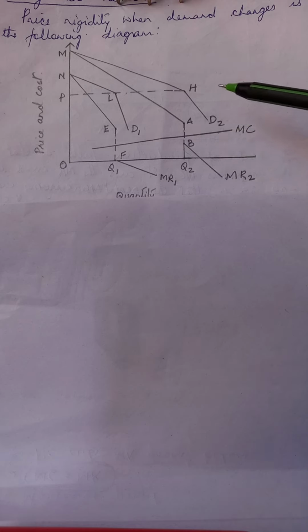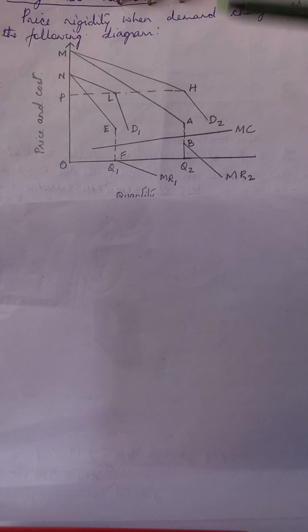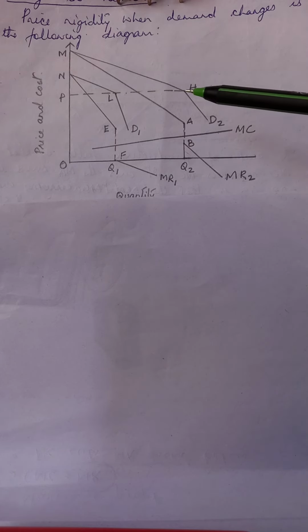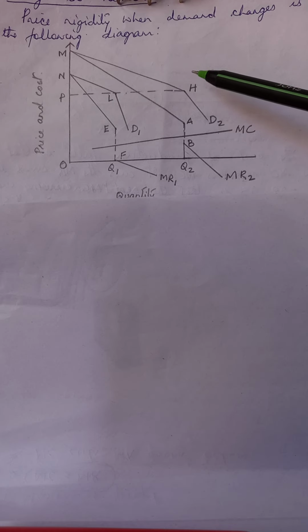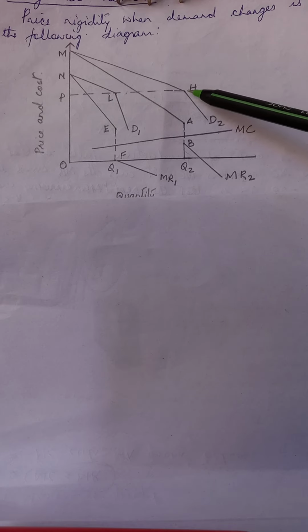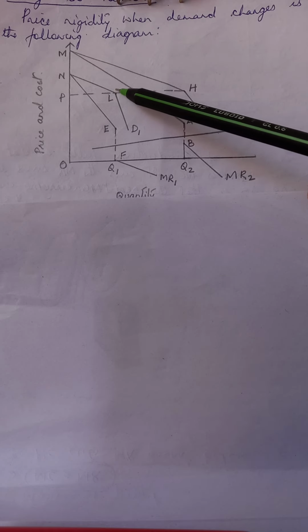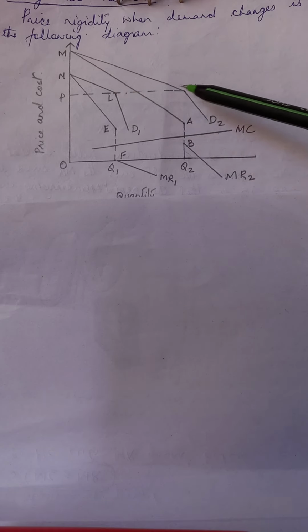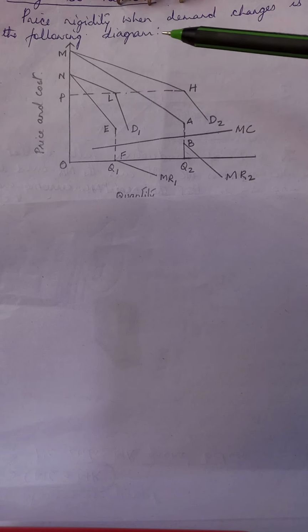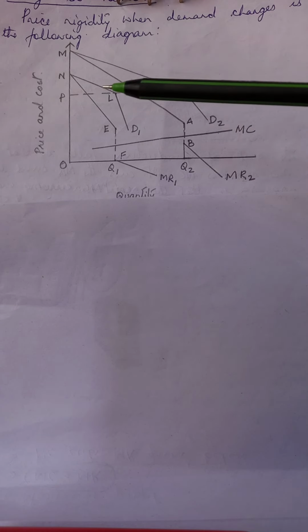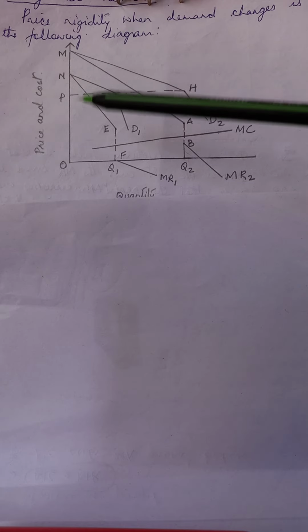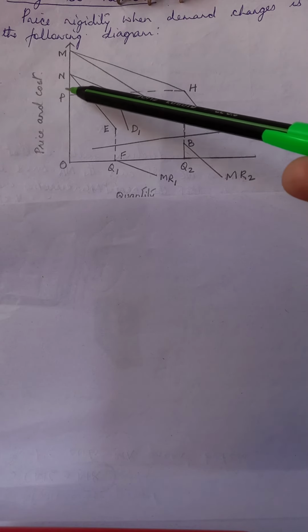So if you look at the position of the two kinks, the kink H in the old demand curve and the new kink L in the new demand curve, they lie at the same level, which means even though there is a reduction in demand, the same price will prevail in the market.